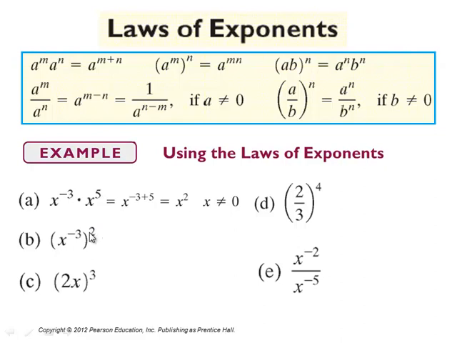Now let's move on to part B, using this law right here that tells you to just multiply those exponents. And by the way, x to the negative 6 is 1 over x to the 6th. And this third example here is going to illustrate this law right here.